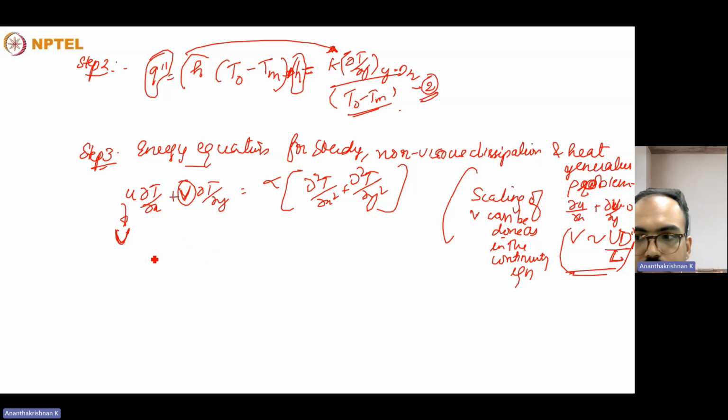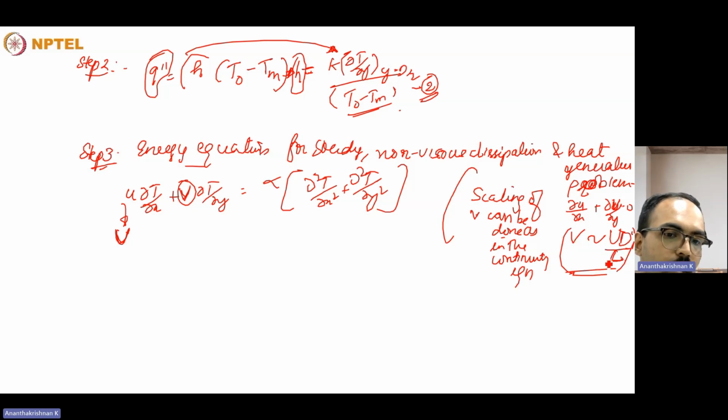That means the variation of the non-dimensional temperature could be assumed to be constant. So what we could say is that the scale of V is approximately of the order of U into D divided by L.